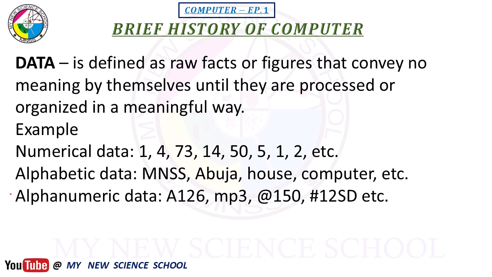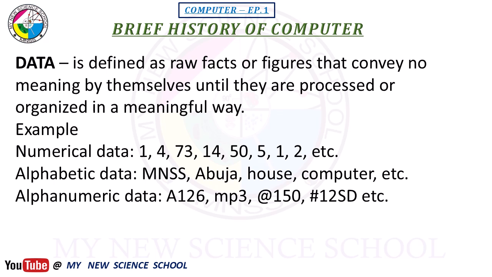Then we have alphabetic data. Alphabetic data are those data gotten by a simple combination of alphabets, which is just words. We have MNSS as an example, Abuja is another example, house, computer, etc. Then alphanumeric data.